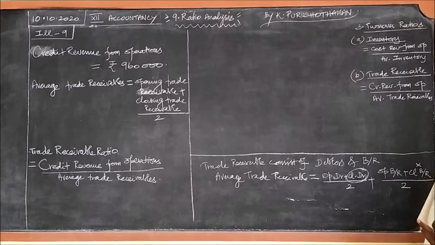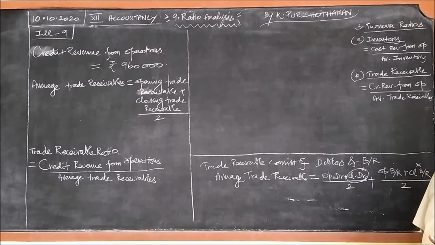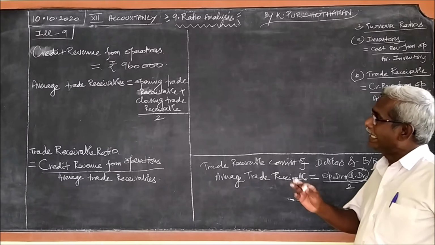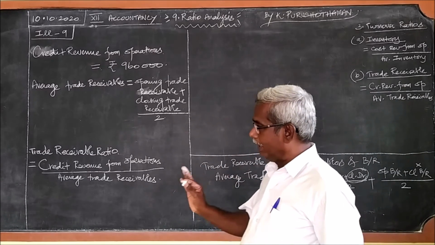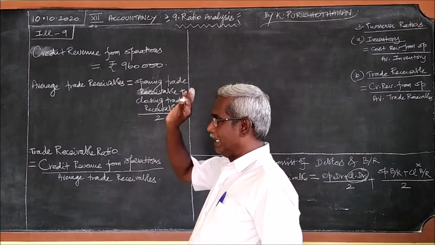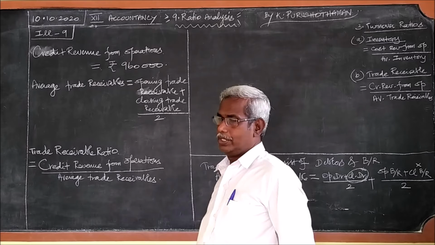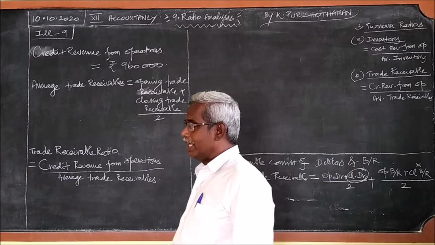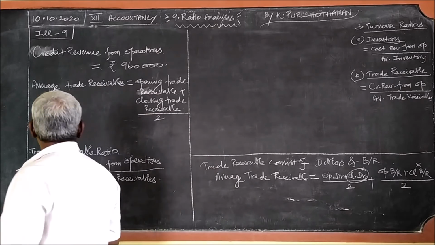If there are 3 items, add all 3 and divide by 3. If there are 4 items, add all 4 and divide by 4. Here only 1 item is given, so there is no need of finding the average. You should take it as it is.